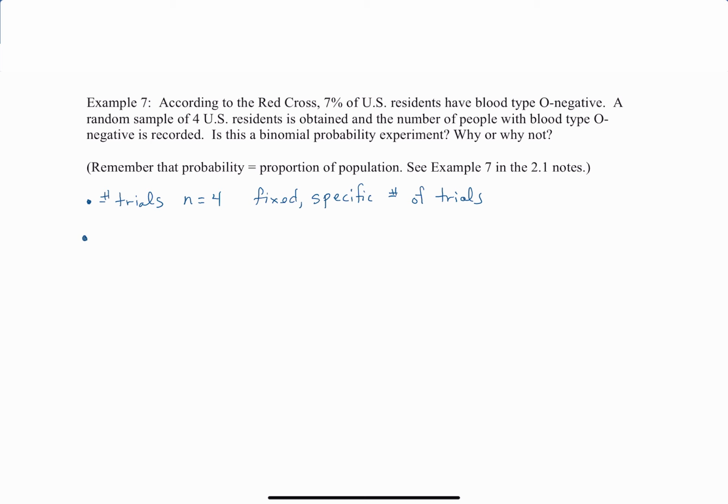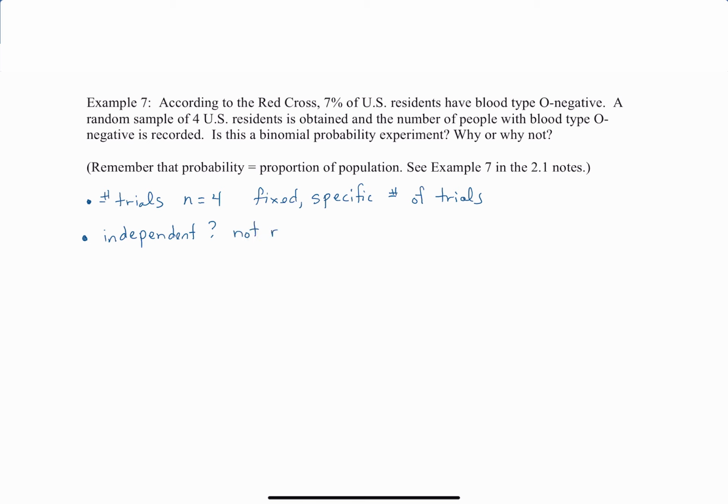Now, are these independent? Well, if you think about our last example, it seems like these would not be independent, because suppose our first pick is someone that does have blood type O negative. That means that there's going to be slightly less than 7% of the remaining residents that have blood type O negative.